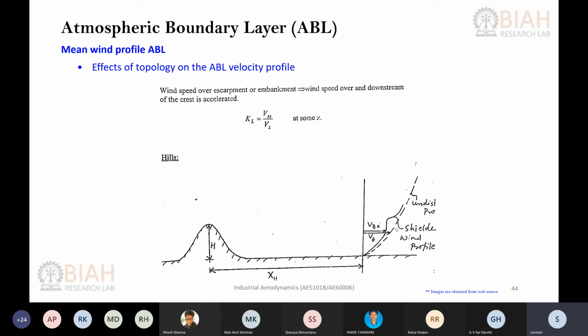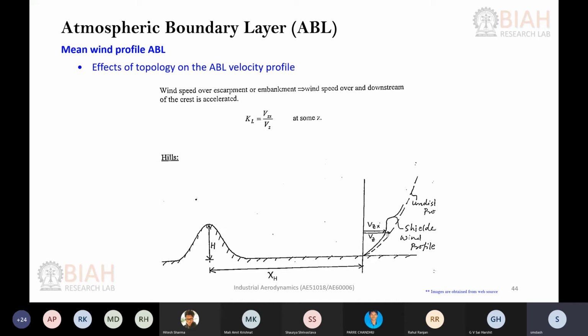This dotted line corresponds to your undisturbed velocity information, if there is no hill and you are just finding the velocity values over the flat surface. If you have a hill here, the velocity values will be slightly smaller. So there will be a shielding effect.